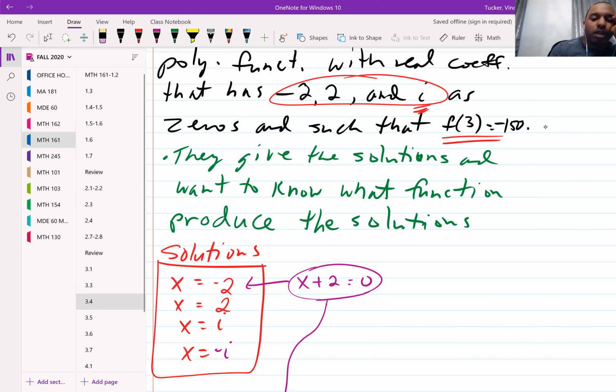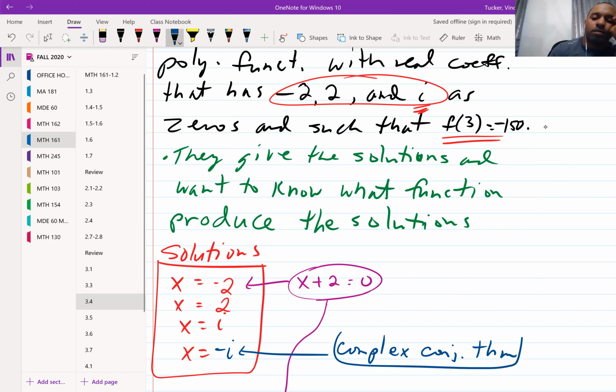That occurs because of the complex conjugate theorem. All right, so we have our 4 solutions.